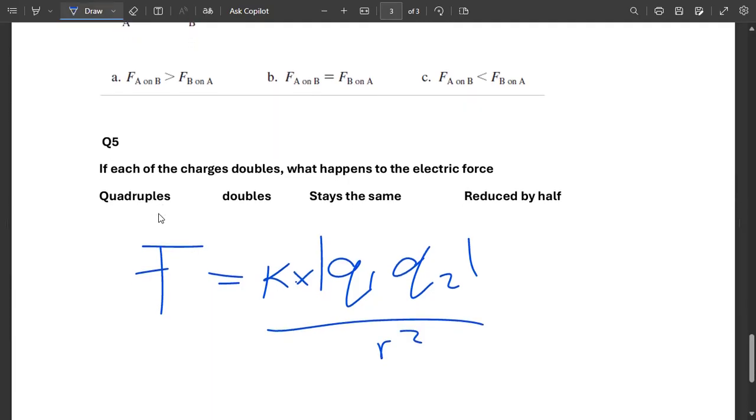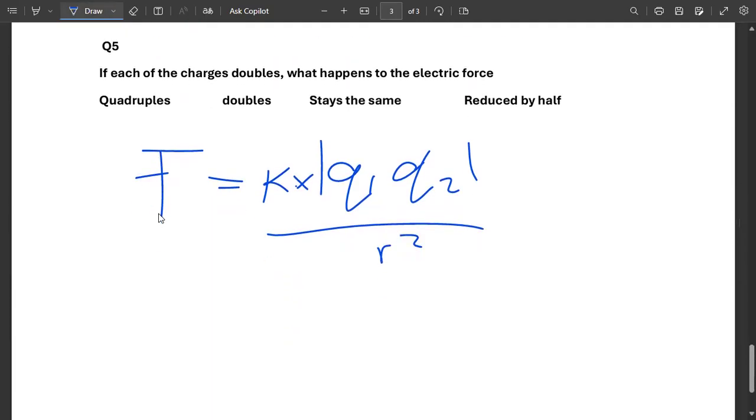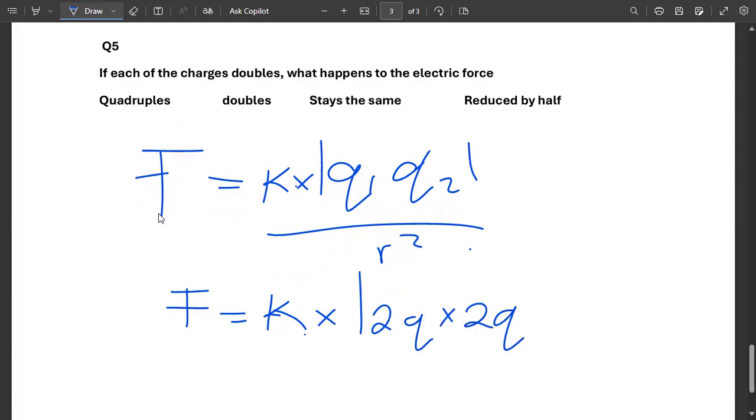Okay, so we have to take note that they've said both of the charges are being doubled. So F is going to be equal to what? K multiplied by 2Q1 multiplied by 2Q2, over R squared.